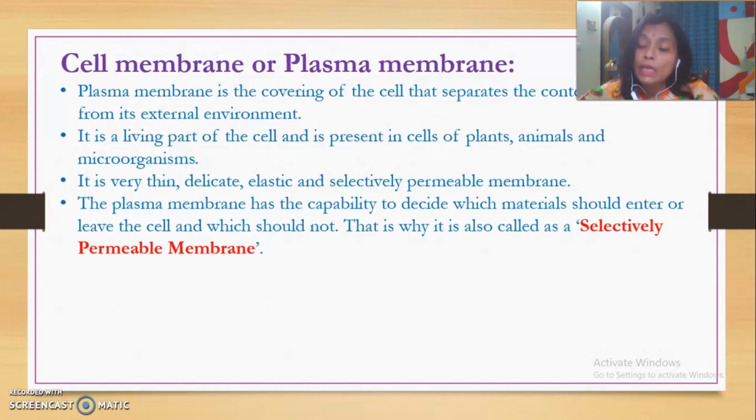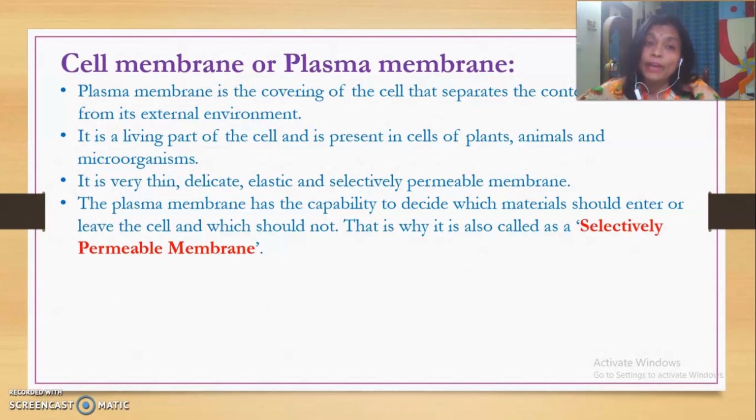Semi-permeable membrane means it is selectively permeable. That is, it allows the entry and exit of certain substances only. In other words, it controls the entry and exit of substances. It is the cell membrane which decides which substance should go inside the cell or which substance should come out of the cell.